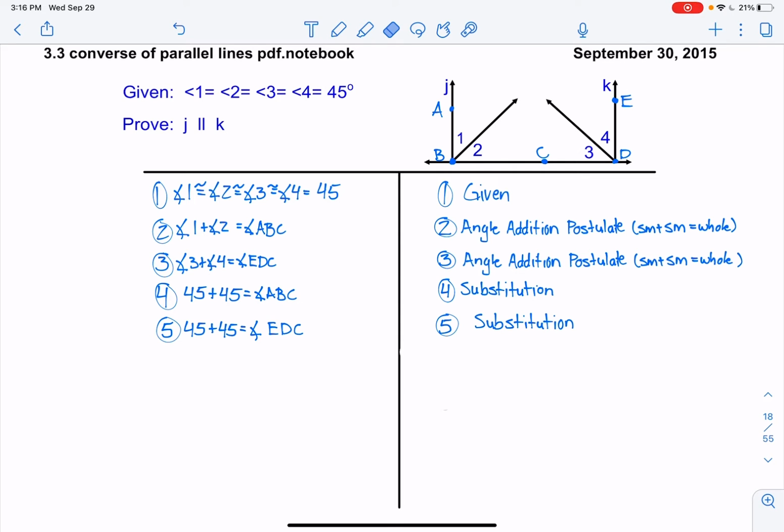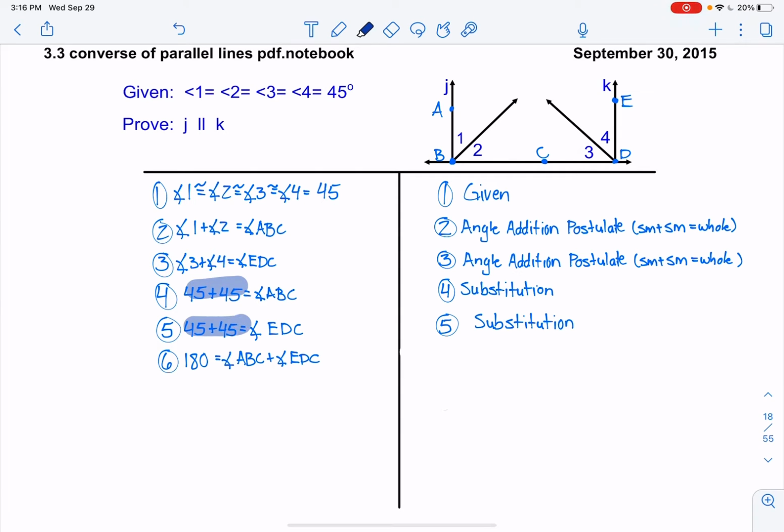Now, if I put those together, if I take angle ABC plus angle EDC, add those all up, that's going to be 45 plus 45 plus 45 plus 45. So when I do that, I get 180 equals angle ABC plus angle EDC, because both of those are 90.